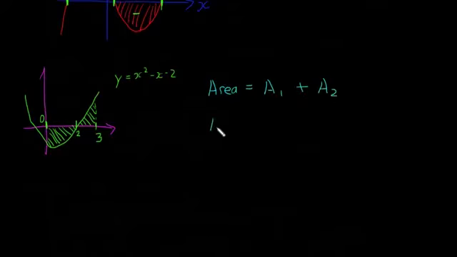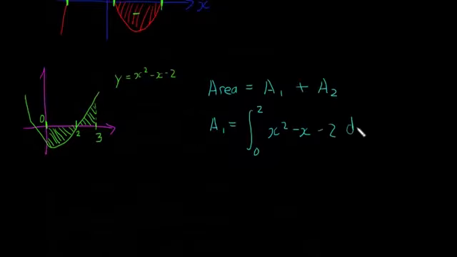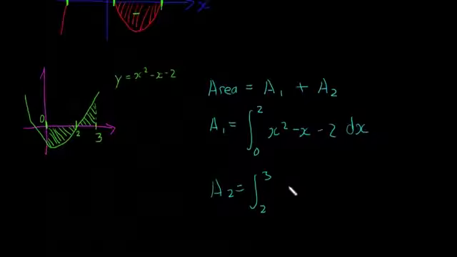So the area is going to be equal to A1 plus A2, where A1 is going to be equal to the integration from 0 to 2 of x squared minus x minus 2 dx, and then A2 is going to be equal to the integration from 2 to 3 of, again, x squared minus x minus 2 dx.